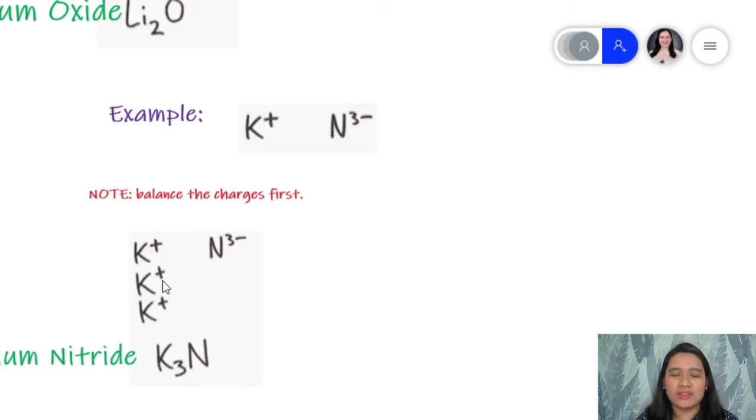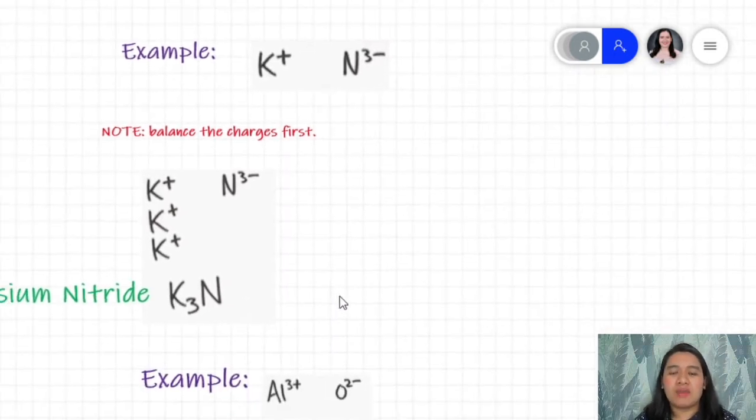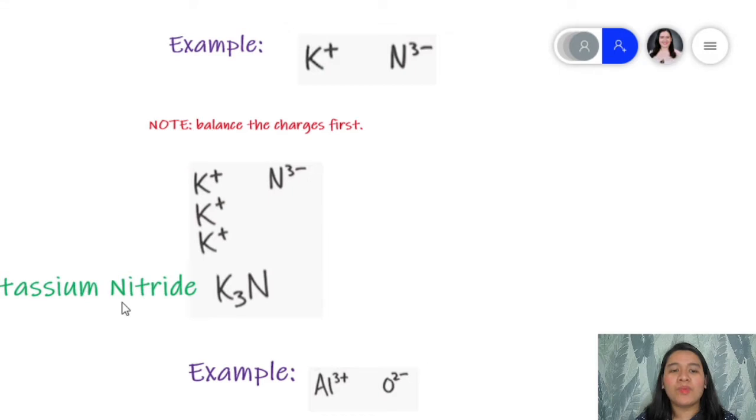So 1 plus 1 plus 1 is 3, K3. And how many nitrogen can you see? We only see 1 nitrogen. So K3N is the chemical formula for potassium nitride. Again, literally we count how many elements you can see. Here, we have 3 potassium and 1 nitrogen. So K3N. That is potassium nitride.